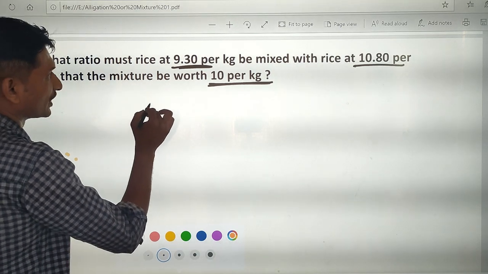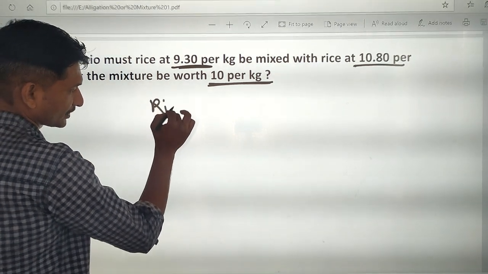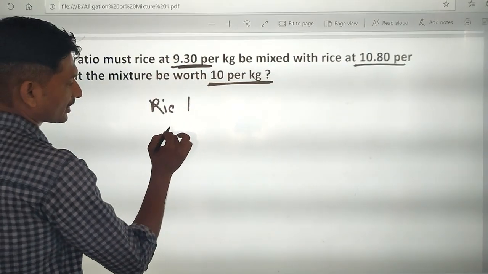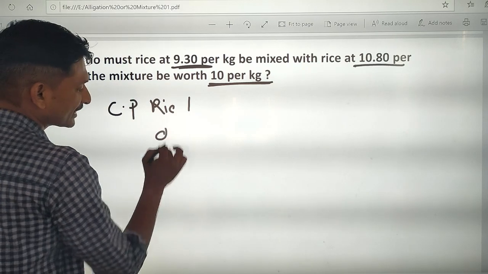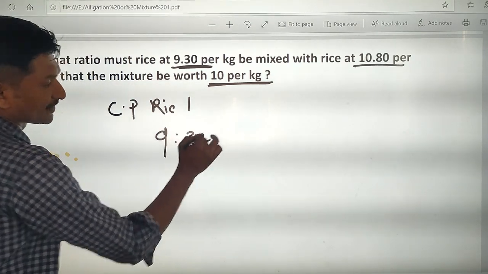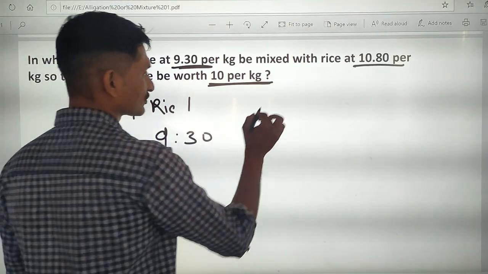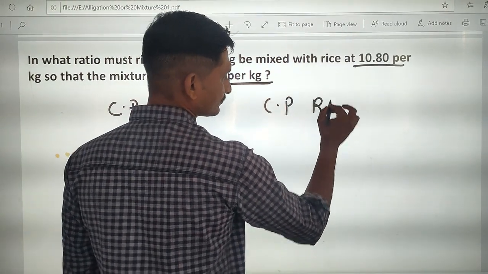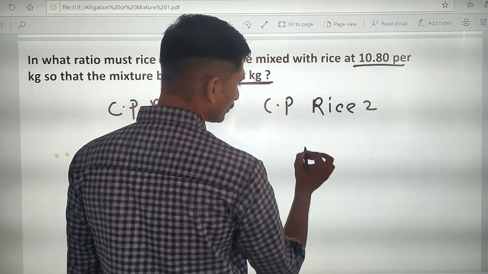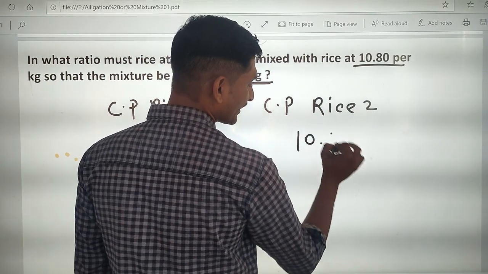Then rice 1. Here the cost price of rice 1 is 9.30 and the cost price of rice 2 is 10.80.